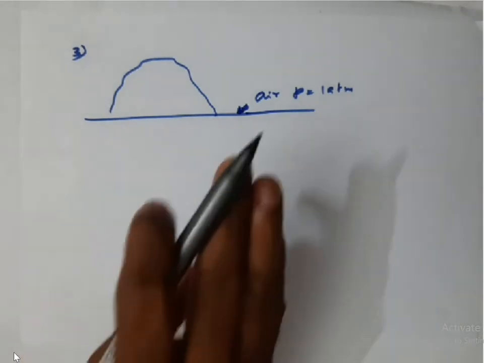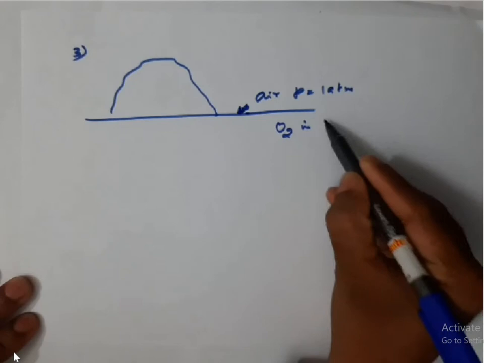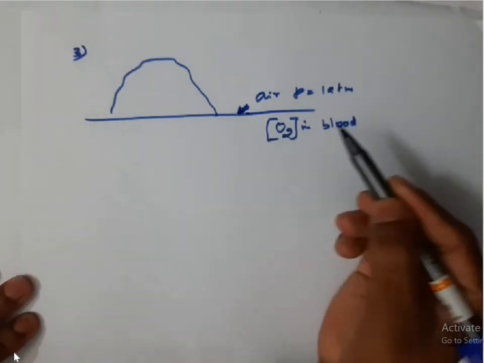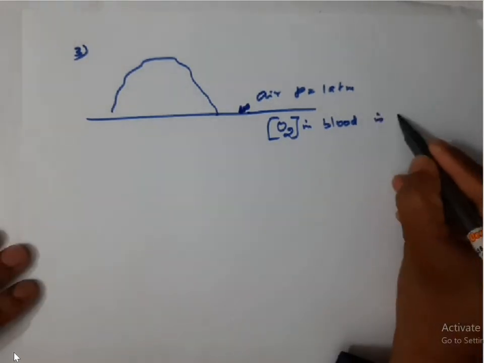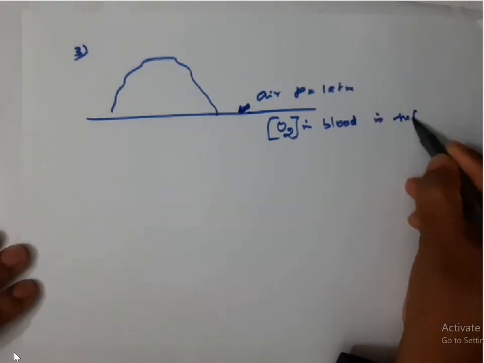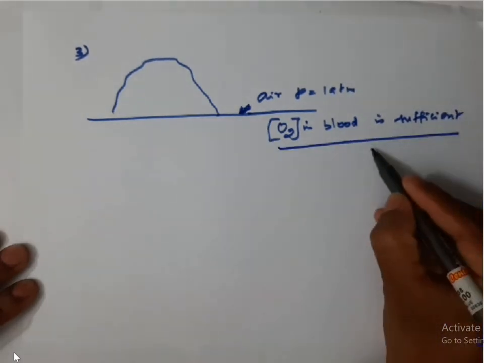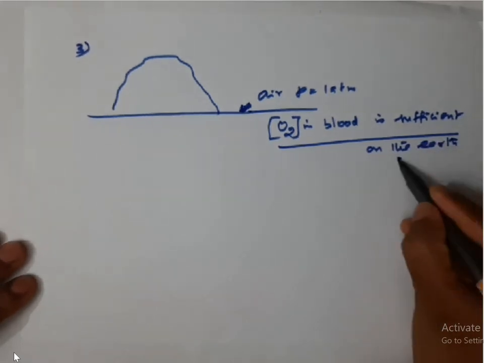So the oxygen concentration in blood, O2 in blood, I'll put the square bracket like this, the O2 concentration in blood is sufficient on the earth surface. Why?